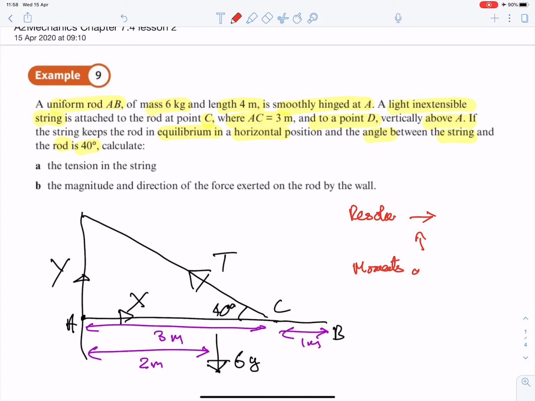Okay, it's a statics problem, so we should know what to do. Three things, just think for yourselves what they're going to be.